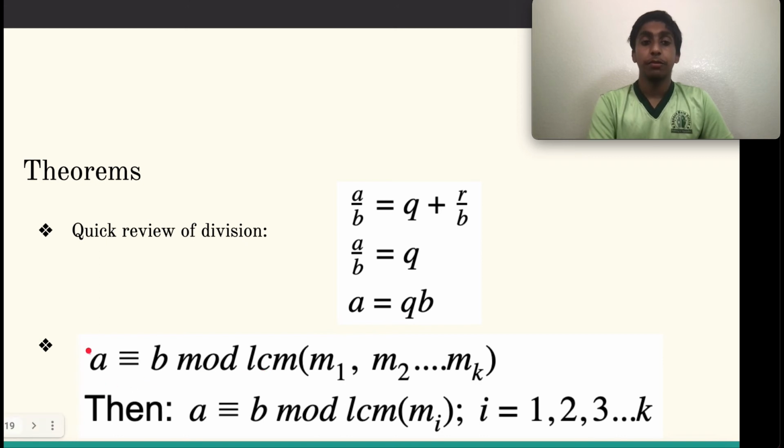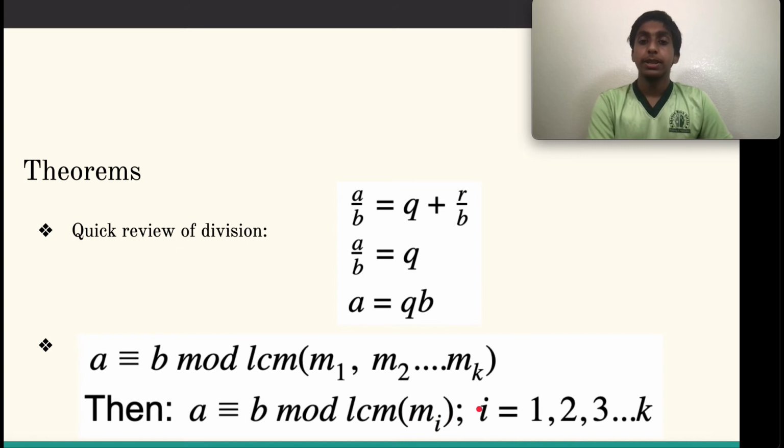Now here we have our first modulus theorem. A is congruent to B mod the LCM of these multiple values of m, right? So if I have these different forms, let's say 1, 2, 3, 4, 5, and so on, I can make this shorter and rewrite it as A is congruent to B mod the LCM of m_i, or just m_i in general.